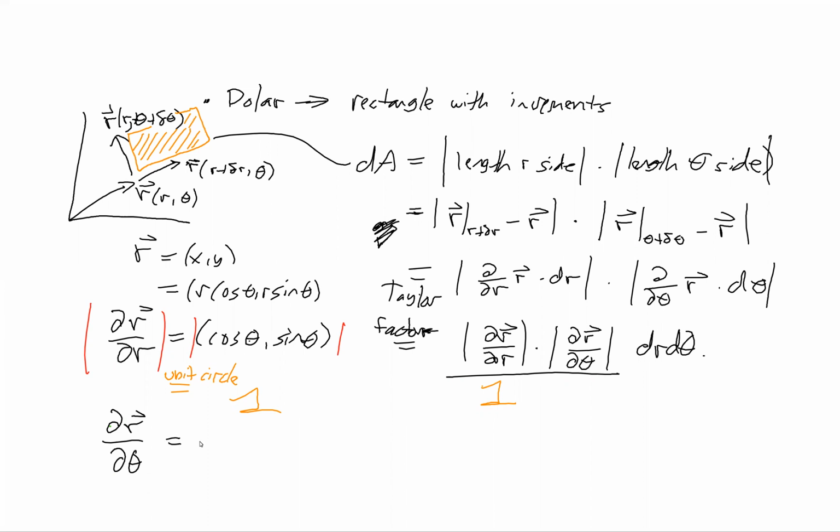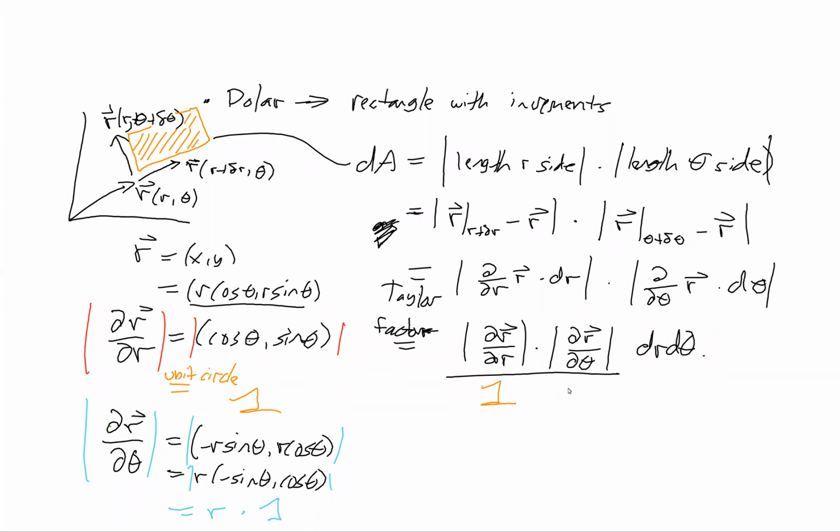If we take the partial derivative with respect to theta, then we get minus r sine theta, r cosine theta. Maybe we can factor that r out. So now let's take the length of this, and we finally get r. The r factors out of the length, and then this again lives on the unit circle. Sine squared plus cosine squared is 1. So it's just r times 1. So the second term here is r. And so we conclude that dA is r dr d theta, and that's exactly what we wanted.